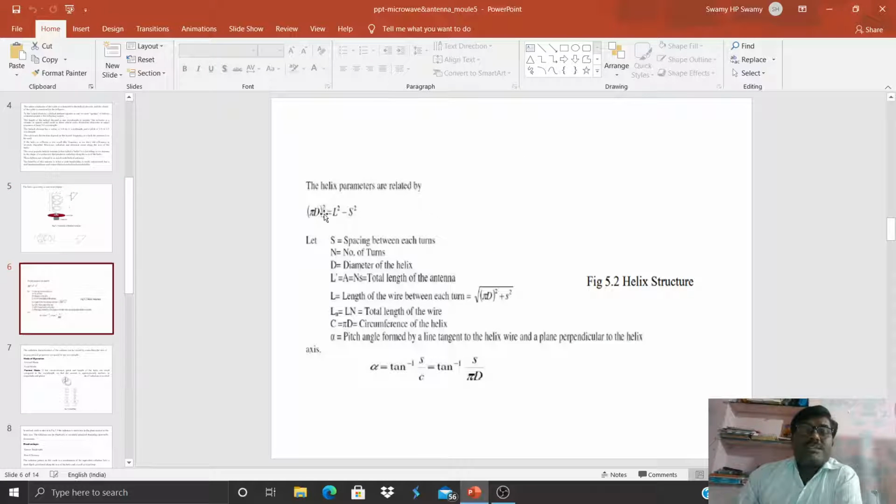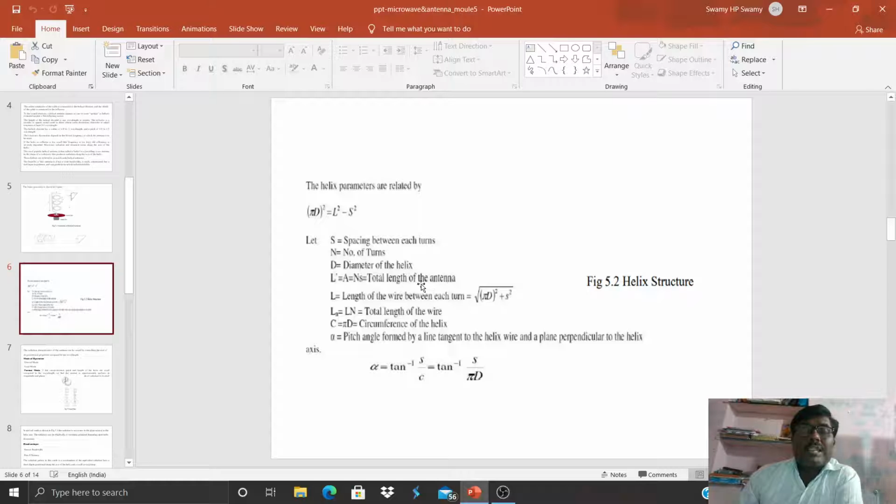S is the spacing between each turn, capital N is the number of turns, and D is the diameter of the helix. L equals A equals NS is the total length of the antenna.